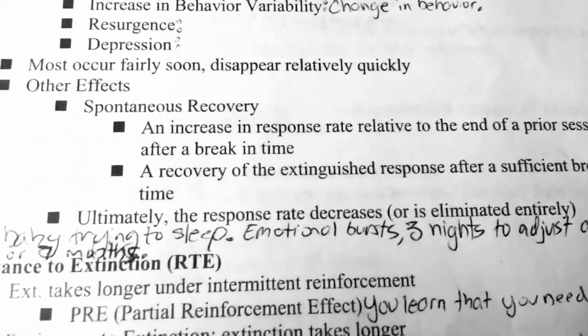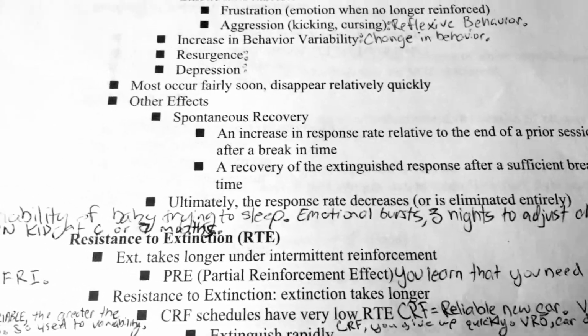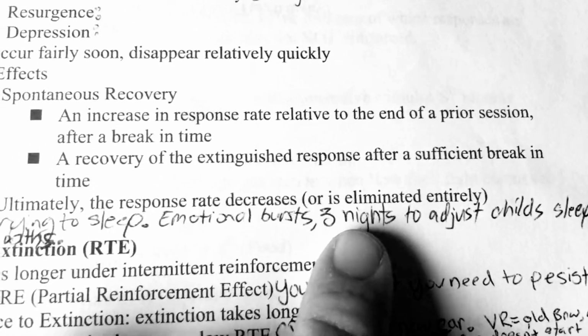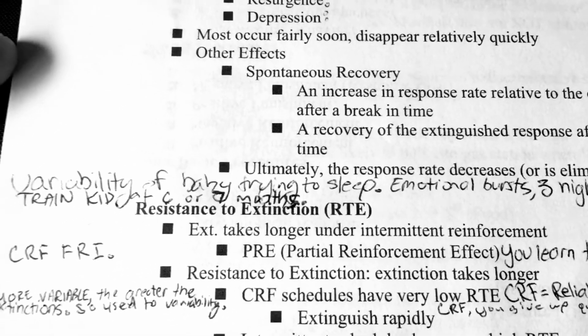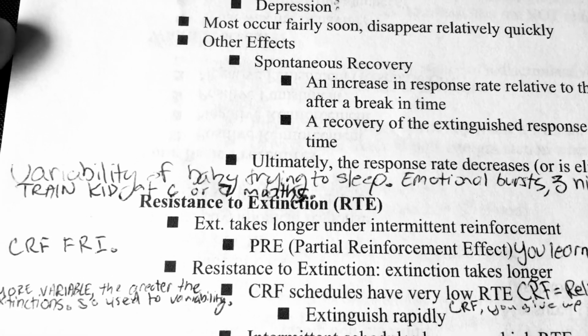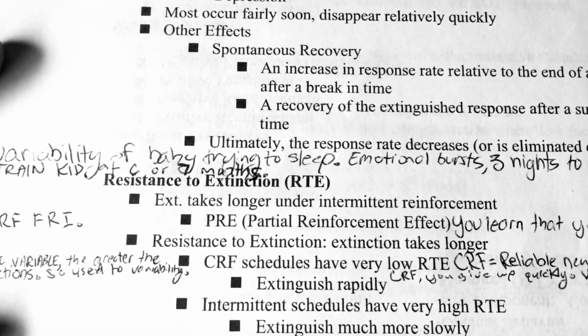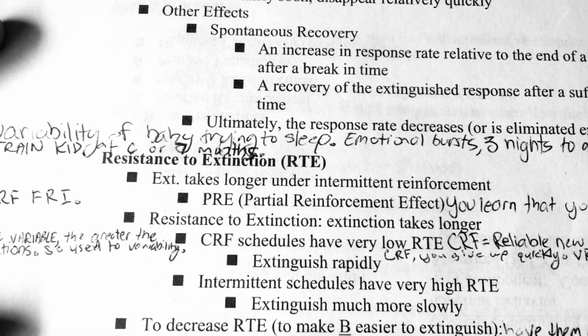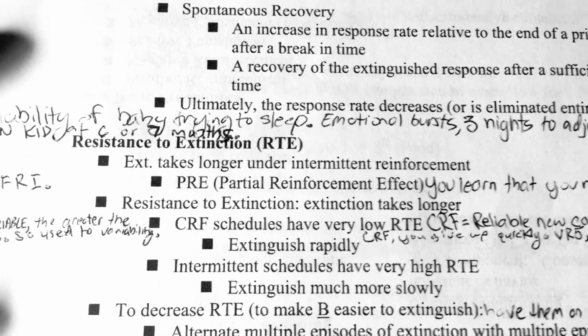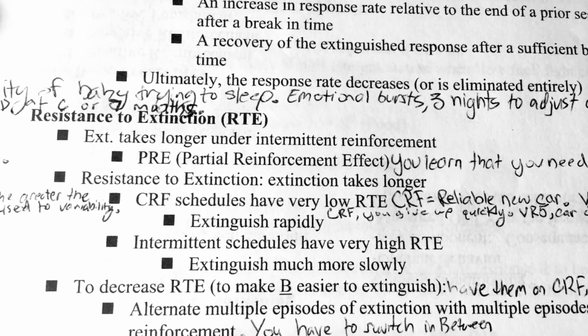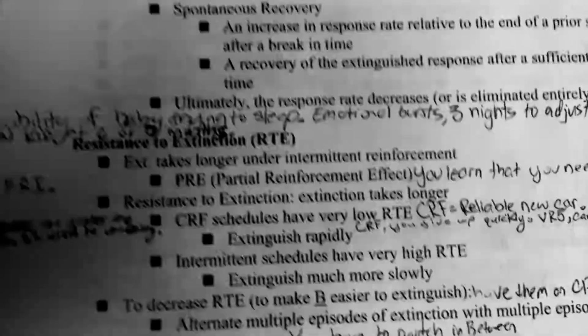Ultimately, the response rate will be eliminated entirely. Take the example of babies trying to sleep, which usually starts with an emotional burst, and within 3 nights, you could adjust the child's sleeping schedule by slowly ignoring the child until the child starts to realize that the child is independent and has its own. It starts to become more aware of its behaviors and how it's not receiving the attention that you're reinforcing essentially for the child's behavior. Resistance to extinction.